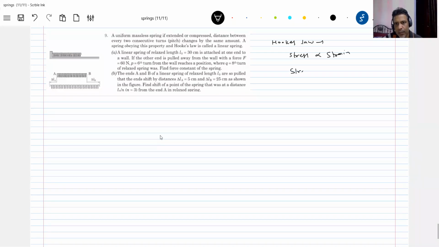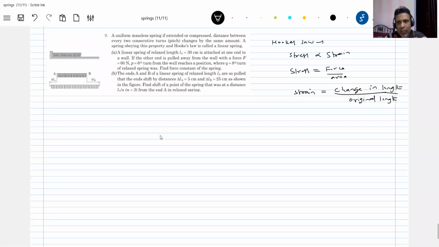Stress means force by area. What do you mean by strain? Strain is change in length by original length. That is what Hooke's law says if you look at the spring.